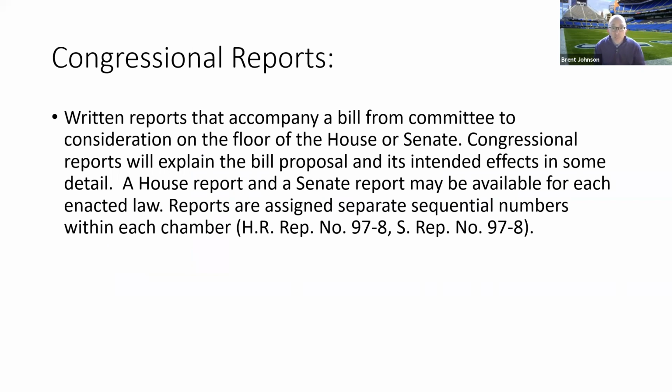They're written to accompany a bill as it moves to consideration on the floor of the House or Senate. And here's an example of a citation: HR Rep, House of Representatives Report number 97-8, 97th Congress, and then 8 is the report number. A lot of times, if you go to a government website and plug in this citation, you might be able to find it. So those citations are important to glean.